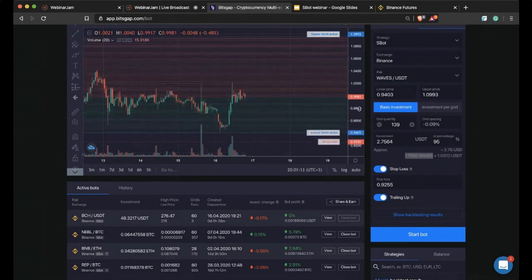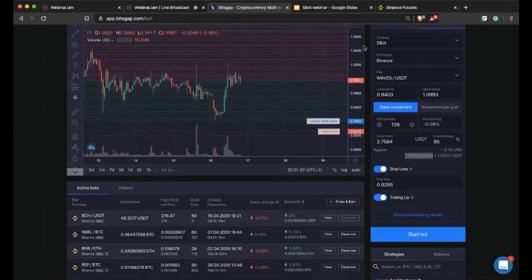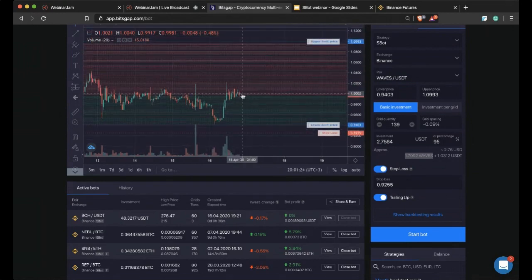And secondly, if the price triggers my stop loss, it will sell all of the base currency that I bought right before the bot initiation to have all of these sell orders. So that's the risk management mechanism.